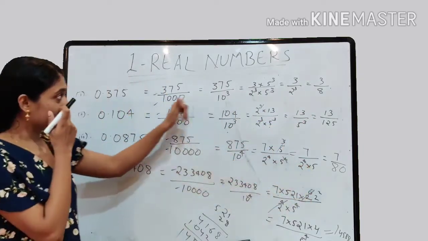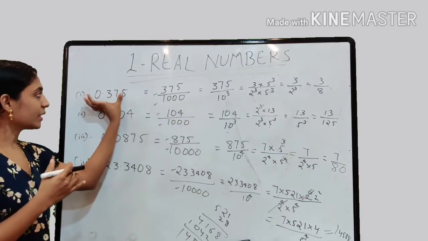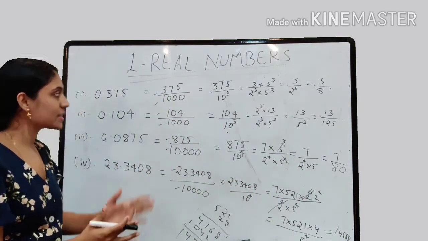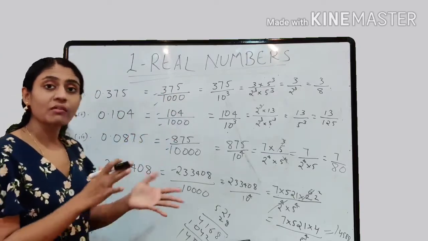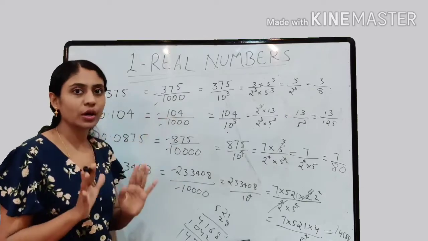Understood? Any real number whose decimal expansion terminates can be written in the form P by Q, where Q not equal to 0 and P and Q are co-prime.